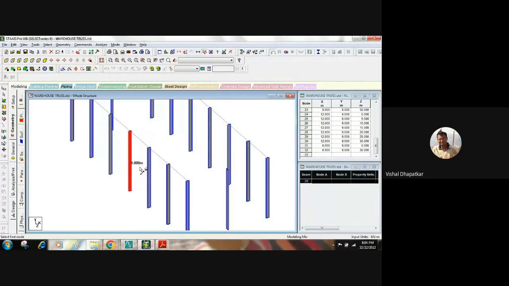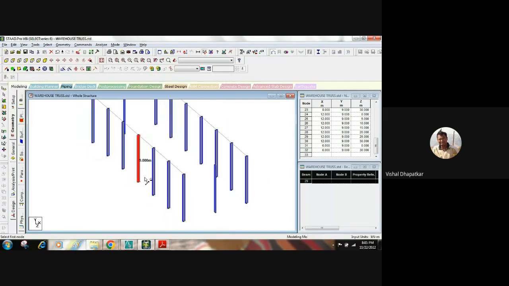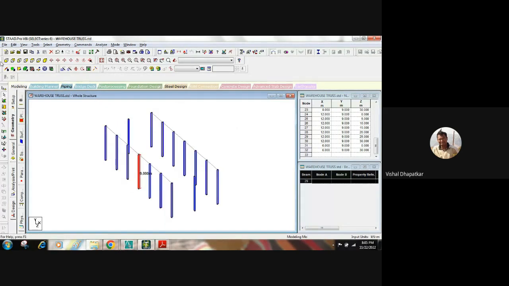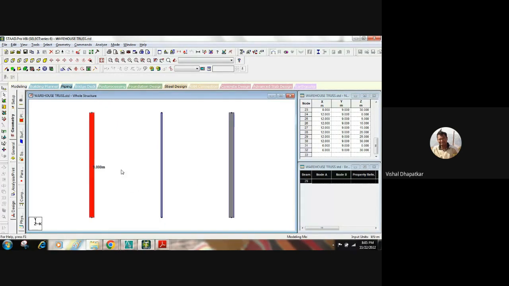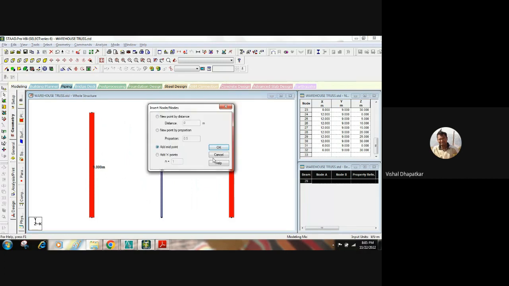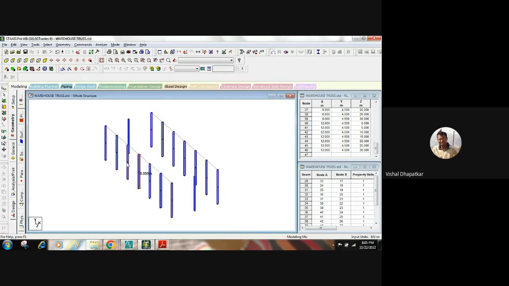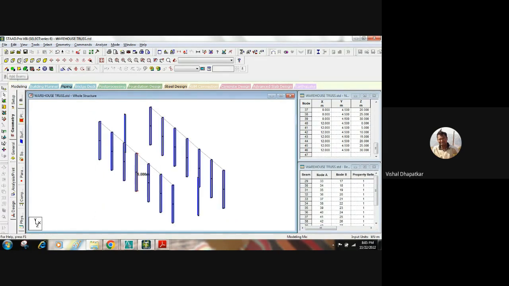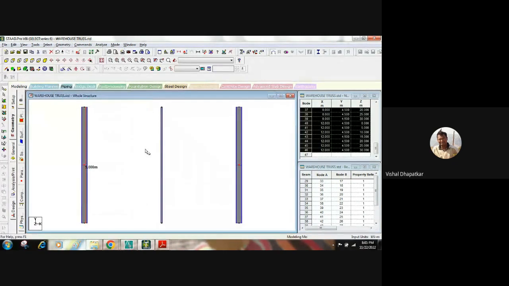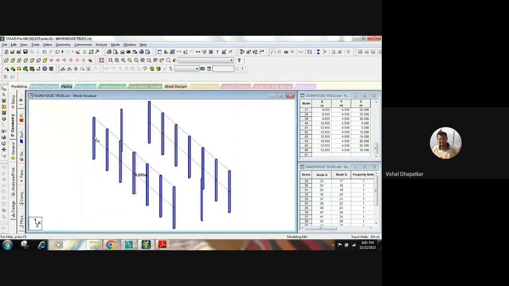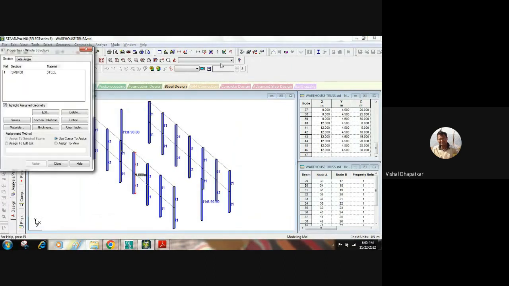So we'll create another tie in between. We'll create the first node. So we have created the node and we have divided the column into two members. And we'll add simply a beam. So now the beams are added. We'll assign some properties.